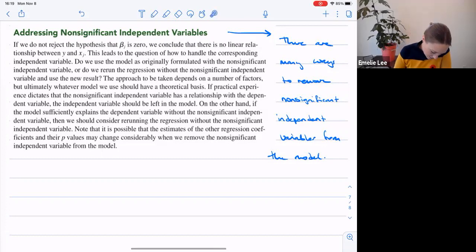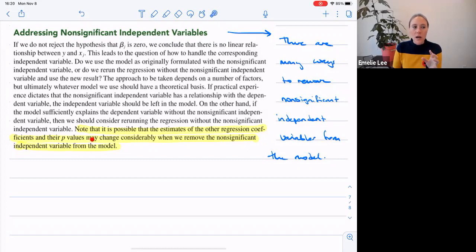But one thing is that even if you remove a non-significant independent variable, it's possible that some of those variables that had significant coefficients, now those p-values might change, right?